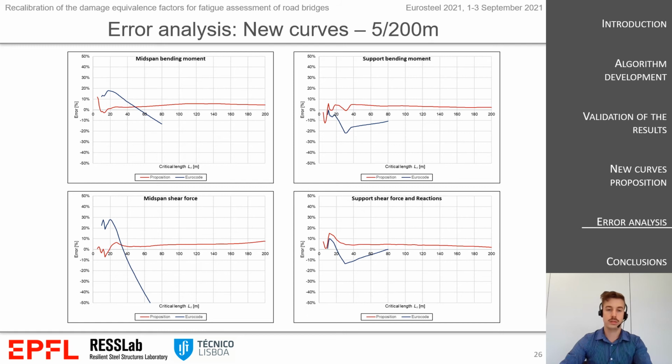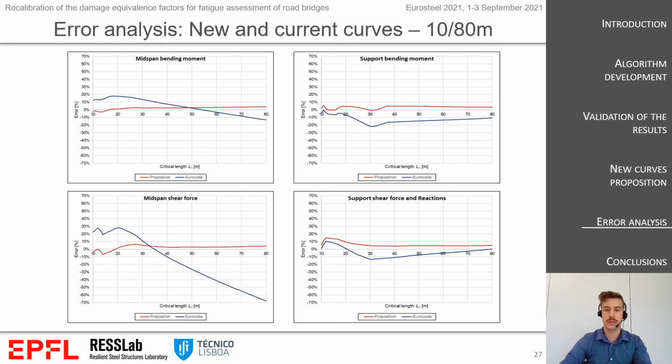We see that all the curves are mostly on the safe side with 5% of margin. And in blue we can see the actual curves of Eurocode that are sometimes too much on the safe side and sometimes not on the safe side.